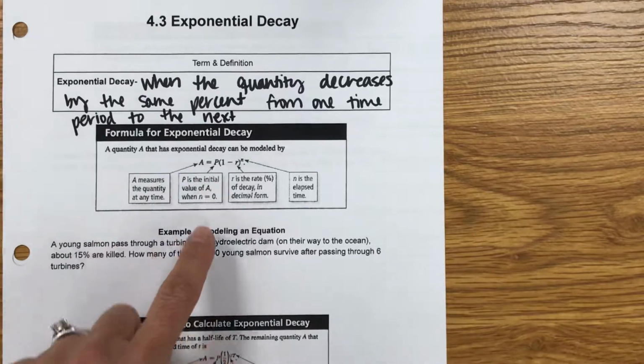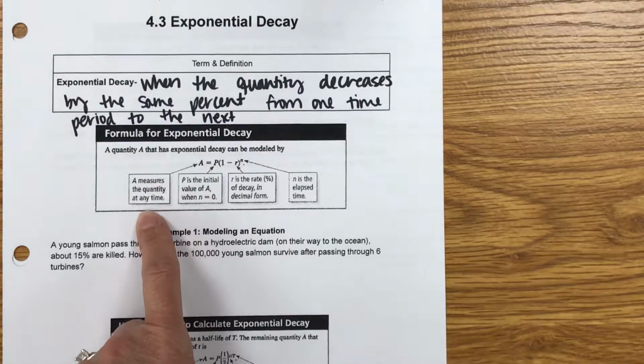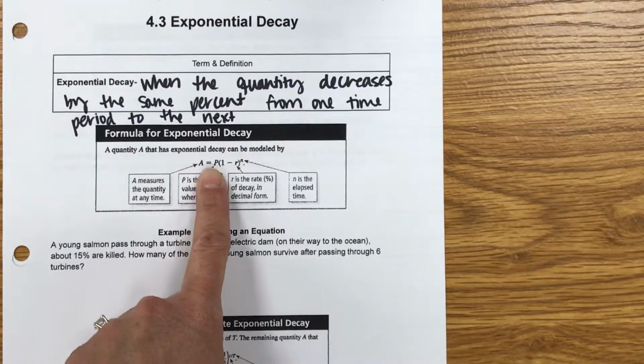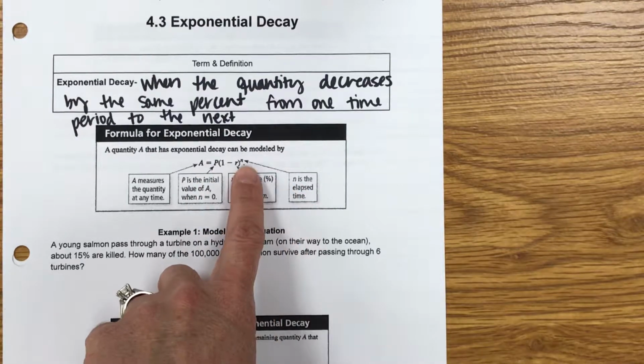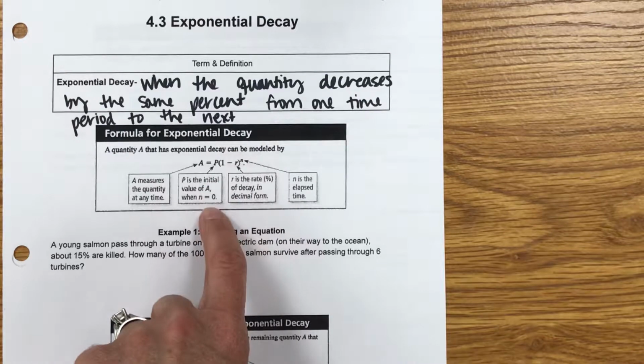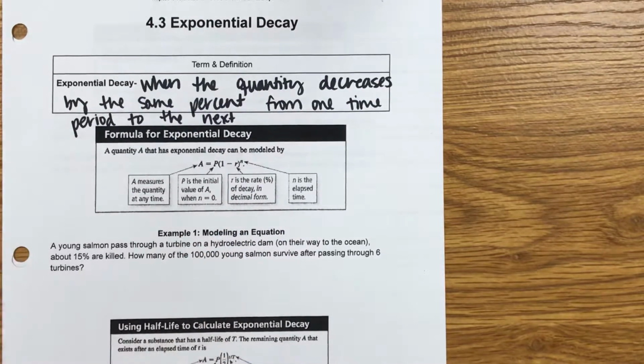And then all of these definitions, like A is your ending amount, P is your initial amount, R is the rate as a decimal, and N is the amount of time. All of that is the same as when we did it with exponential growth.